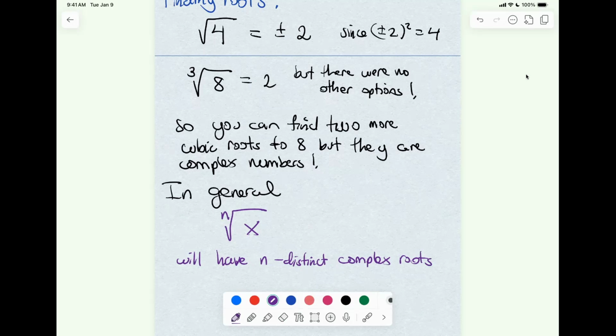In fact, it can be a complex number, so I'll put z here, but the only examples I'll do are for real numbers.